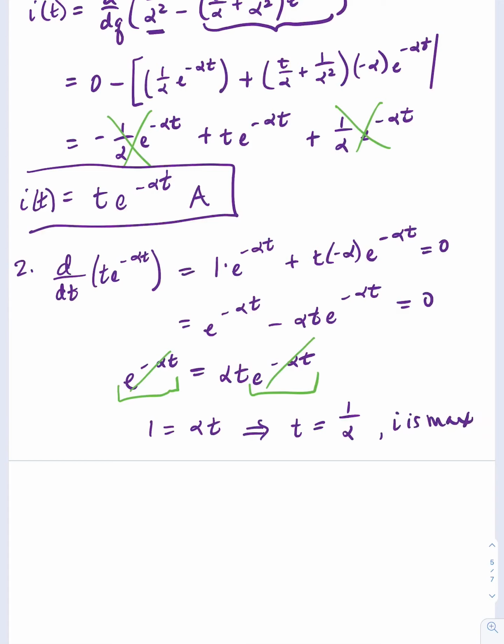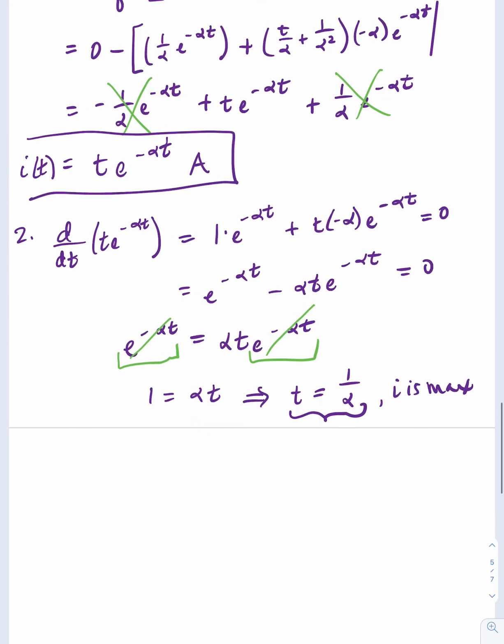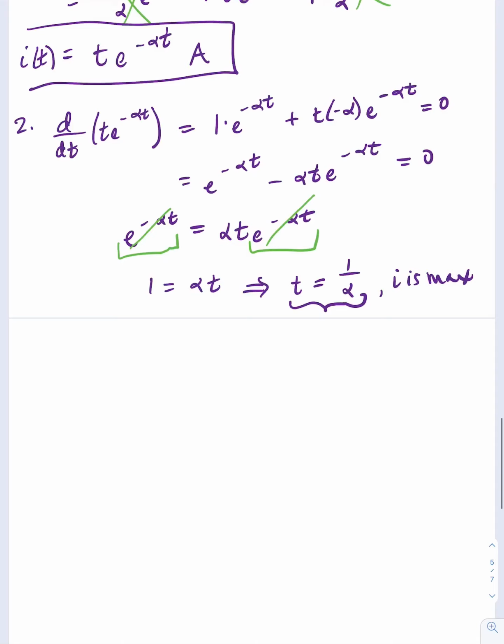So let's substitute this value for time into our current expression. So I of 1 over alpha is equal to 1 over alpha e to the minus alpha times 1 over alpha, which is equal to 1 over alpha e to the minus 1.